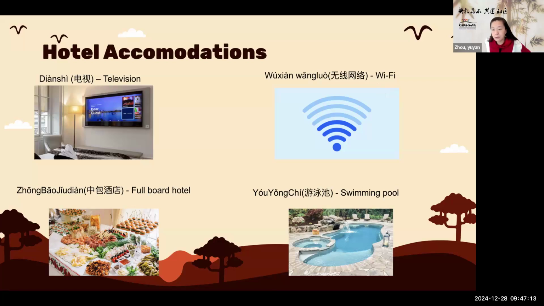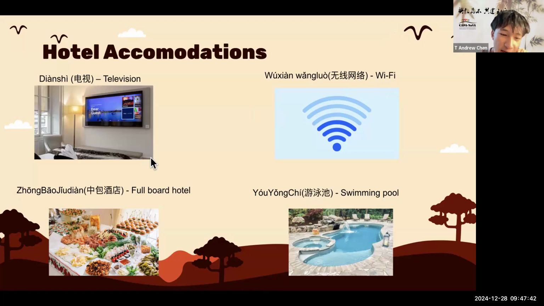A lot of people, especially if they come to visit, will know what Wi-Fi means. So as long as Wi-Fi refers to 无线网络, then that's fine. And sometimes you can just say Wi-Fi and people will understand. That's okay.